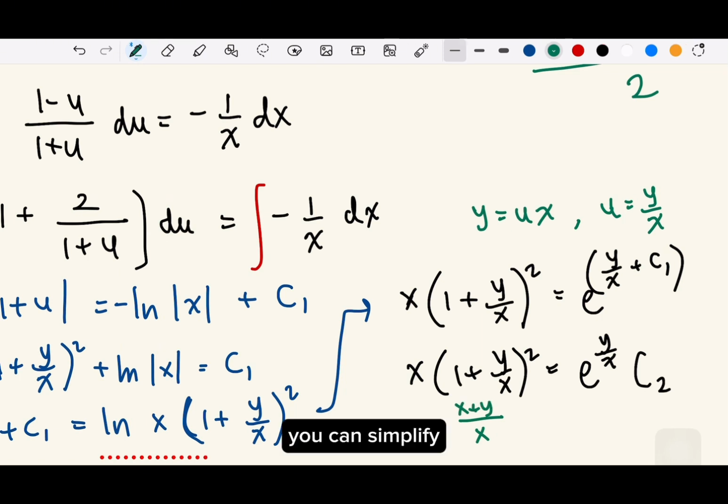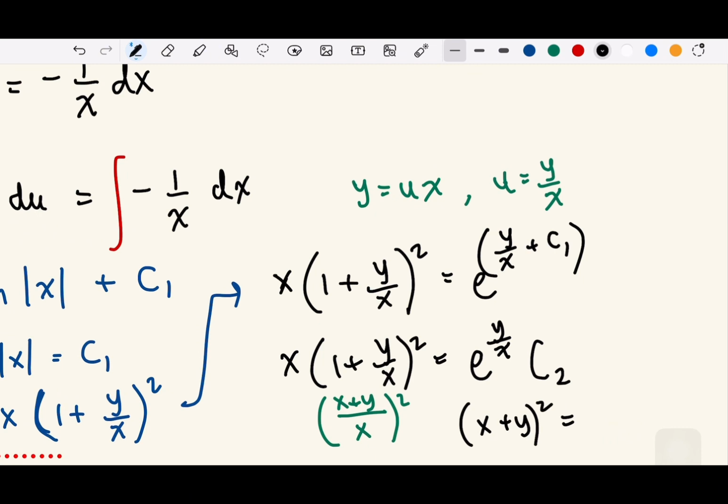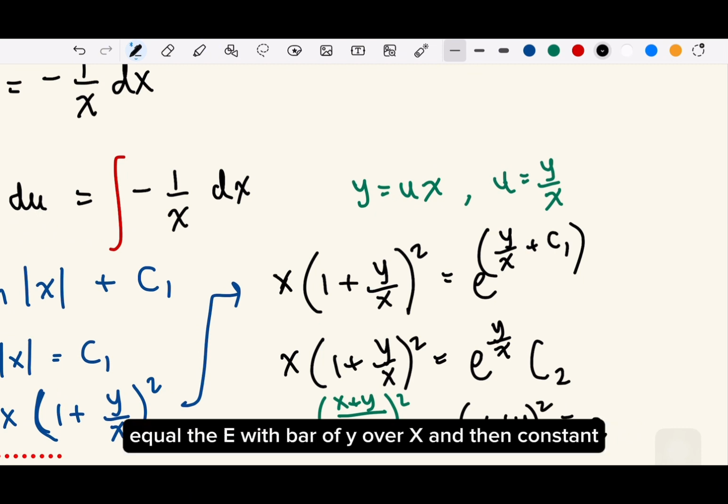You can simplify this one, and I believe it will be a simpler form. So we can write x plus y squared equal e to the power of y over x and then a constant.